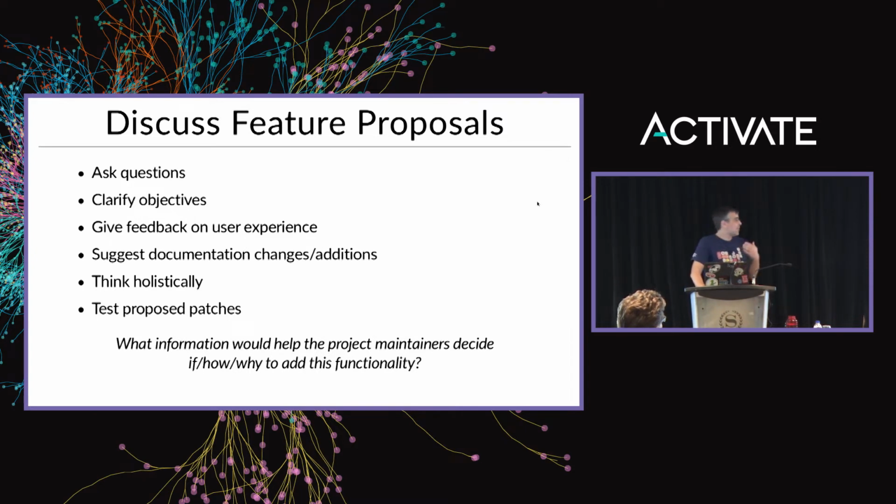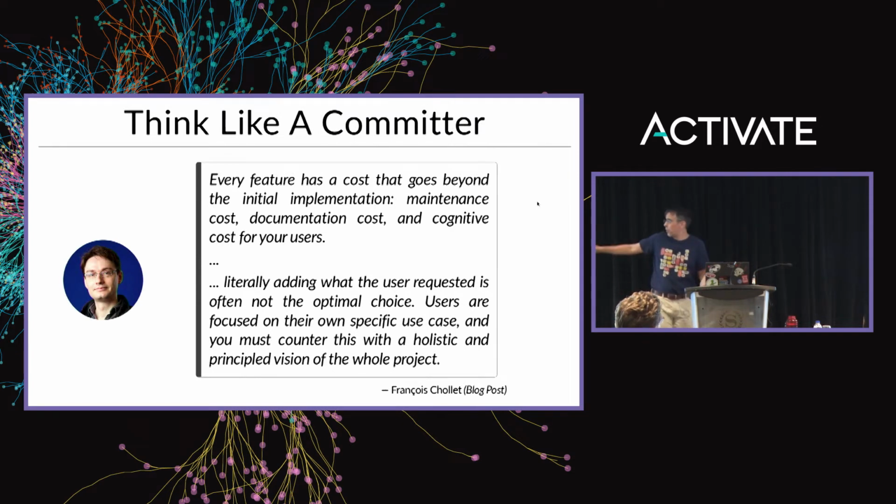I mentioned thinking holistically. I love this quote. Francois Chollet, I don't know this guy, but he's apparently pretty prolific in writing about good software practices. He did a really great piece recently called Notes to Myself on Software Engineering.